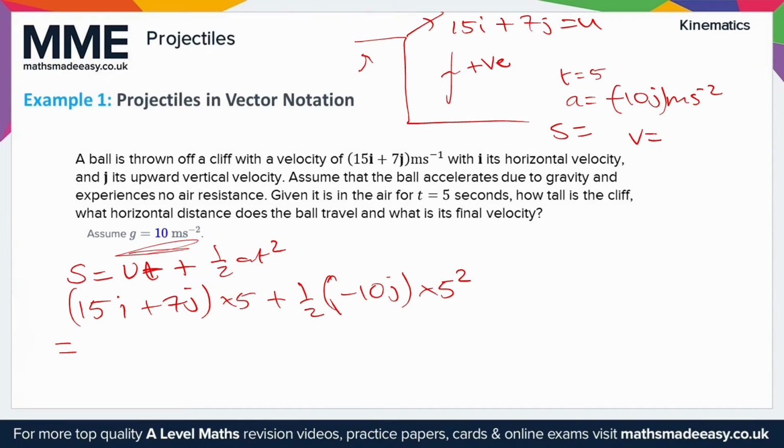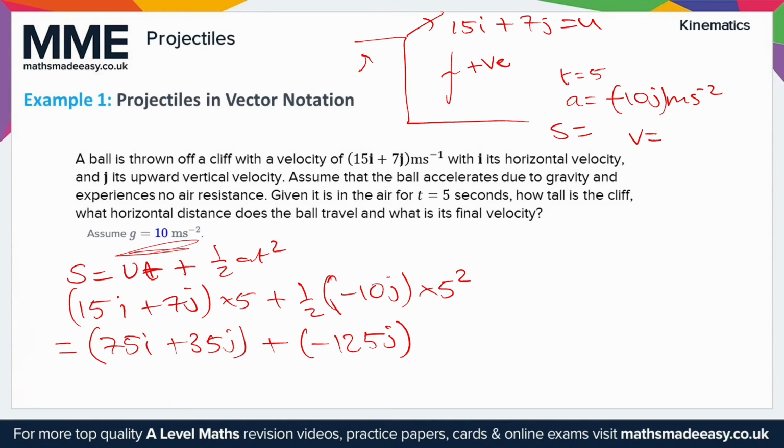Working this out, you can just multiply each component as if you were doing algebra. So 15i times 5 is 75i. 7j times 5 is 35j. And then half times minus 10 is minus 5, times 25, because 5 squared, so we're going to have minus 125j.